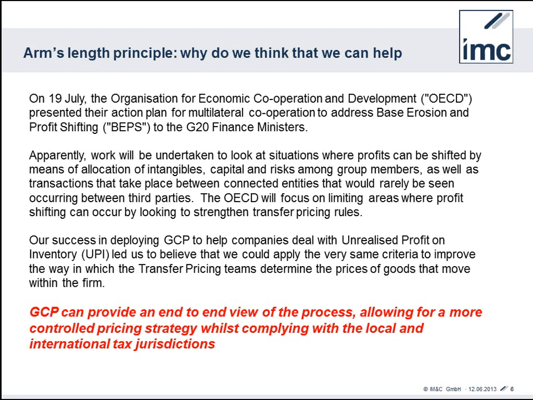They declared that they will undertake some work to look at cases where people take advantage of transfer pricing to avoid tax, which is essentially what very many companies end up doing.